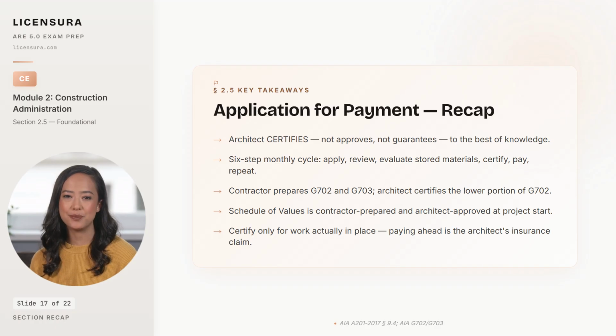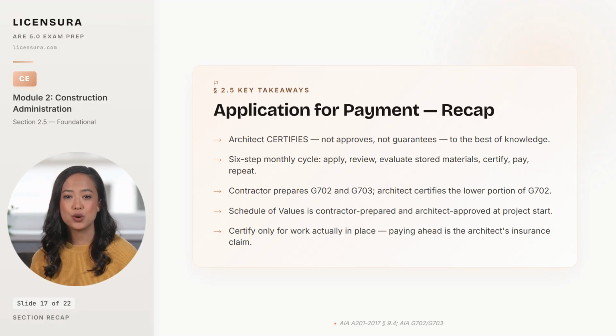The contractor prepares G702, G703, and the schedule of values. The architect approves the SOV at the start of the project and certifies the lower portion of G702 each month. The schedule of values is the line item baseline against which every subsequent application is measured, so architect approval at the start carries outsized weight for the rest of the project.